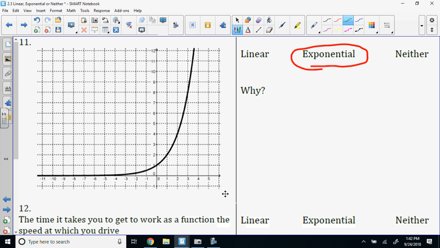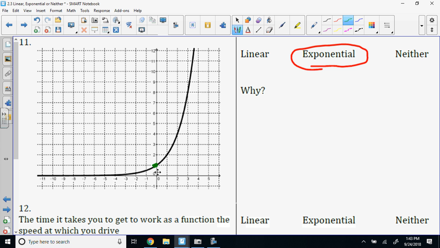Now listen here. Here's something to understand. Why would you expect this exponential to cross 1 on the y-axis when your x is 0? Raise your hand if you know why. Why would you expect that particular exponential to cross at 1 on the y-axis when your x is 0? Nobody knows? I said it twice. If you checked out twice, that's on you.